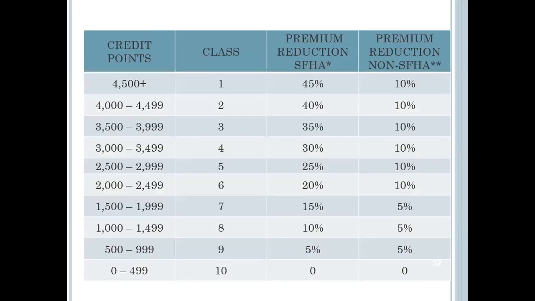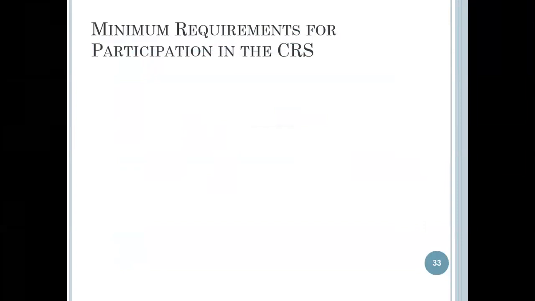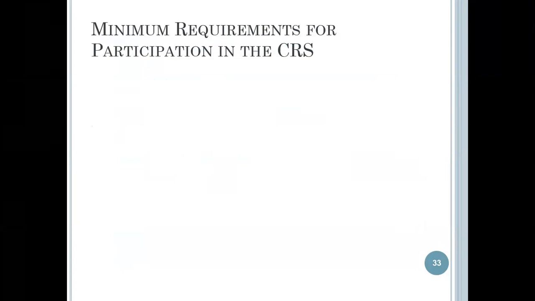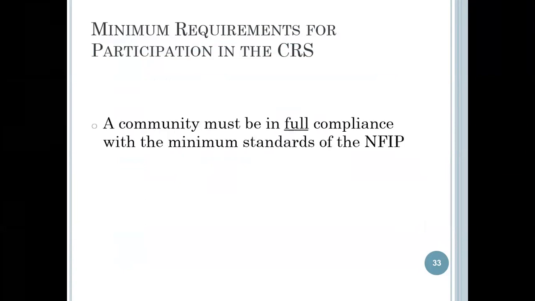Okay, there's the classification table that we have. There are minimum standards. The community must be in the regular phase of the NFIP and in full compliance with the minimum standards. One of the options when we're looking at non-compliant communities, if they're a CRS community, is that we can retrograde them.